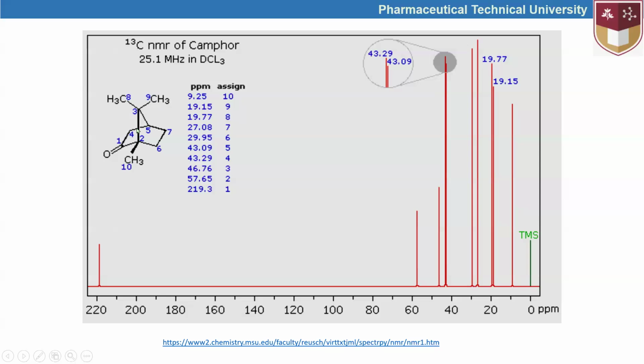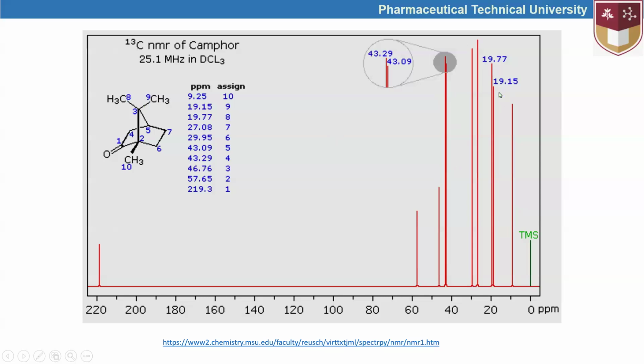Okay, this is not a doublet signal. If it were a doublet signal, we would have to have at least one hydrogen here. This carbon has the covalent bond with all the carbons.